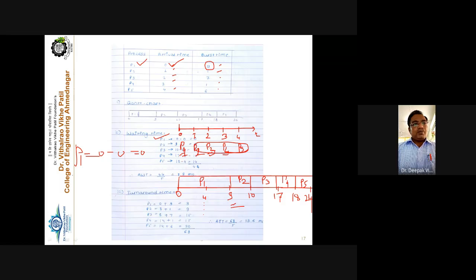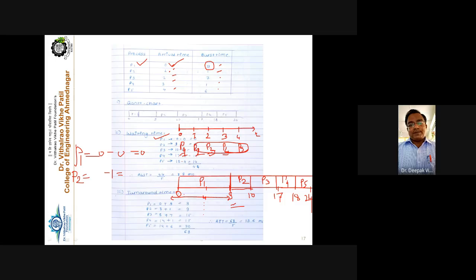Now for P2, which arrived in the system at 1 millisecond, we write minus 1. P2 starts its execution at the 9th millisecond and executes completely during the slot 9 to 10, getting 1 millisecond of execution.